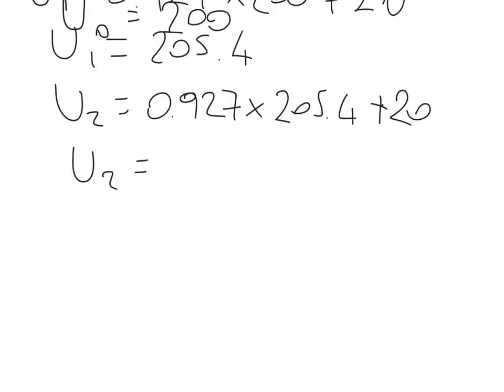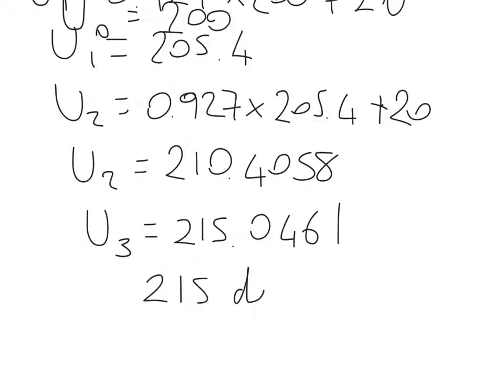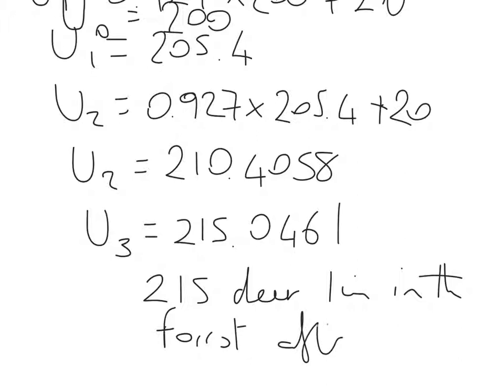So that then will give me 210.4058. u3 then can be gotten by pressing equals in the calculator, since I've already entered the pattern for the recurrence relation twice, and that will be 215.0461. So we could say then that 215 deer live in the forest after 3 years.